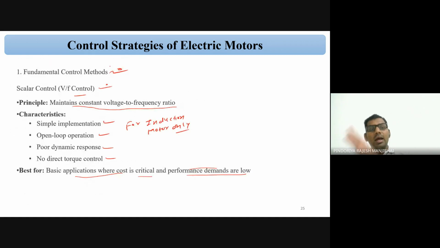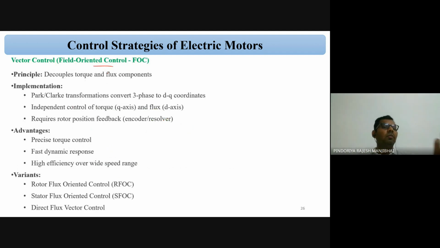How scalar control operates is not part of this syllabus; it is part of your project work. So I will not ask for the scalar control diagram in the exam, but I will ask for details about the vector control operation with the block diagram. I already covered the vector control diagram in the first semester analysis of the electric motor, so you can just revise that concept.